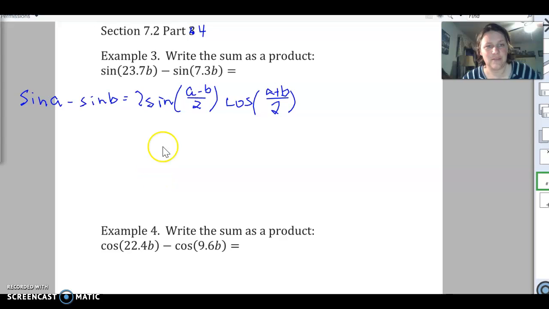Alright, so we need to fill all of this out. This is going to be our A value. This is going to be our B value here.